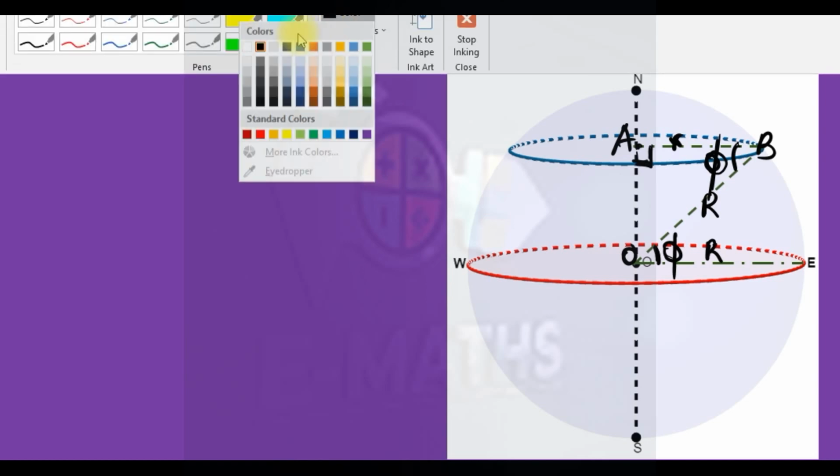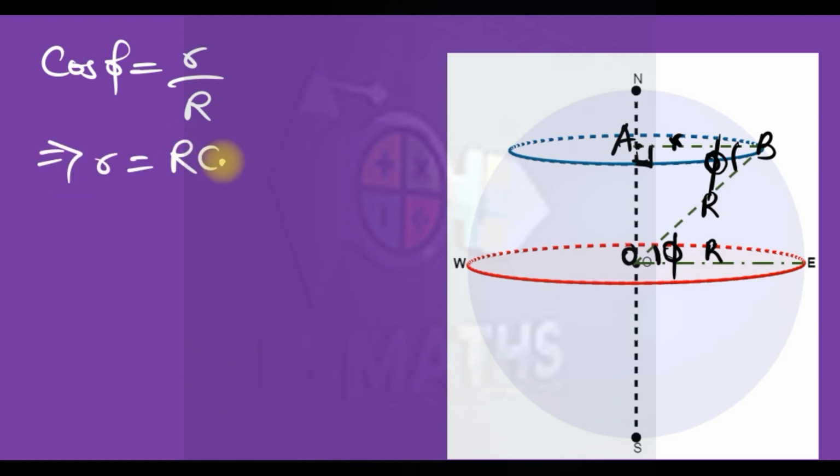So using our SOH CAH TOA tool from elementary trigonometry, cos phi, cos is always adjacent over hypotenuse. Which implies that small r is always R cos phi, where phi is the common latitude.